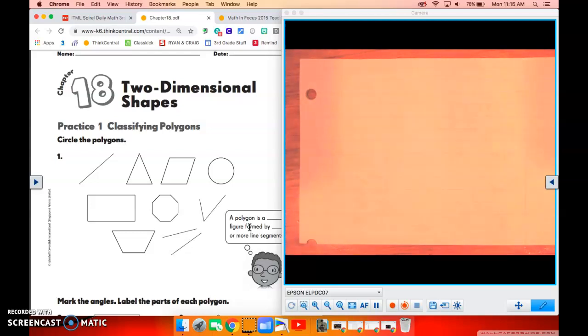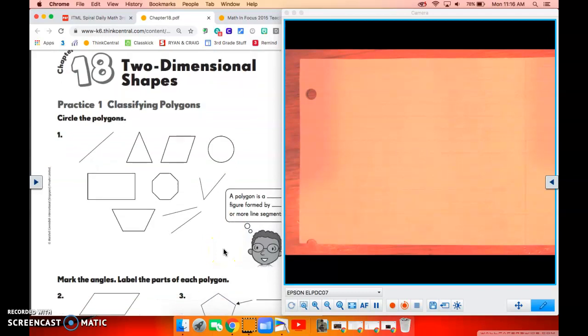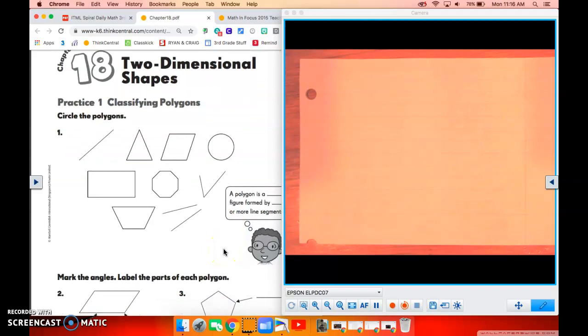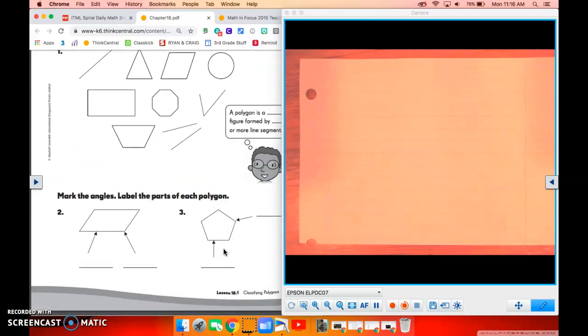So a triangle could be a polygon, okay? Three or more line segments, meaning that we can close it. So if you circle all the ones that are closed and they're made up of three or more line segments, you got it.